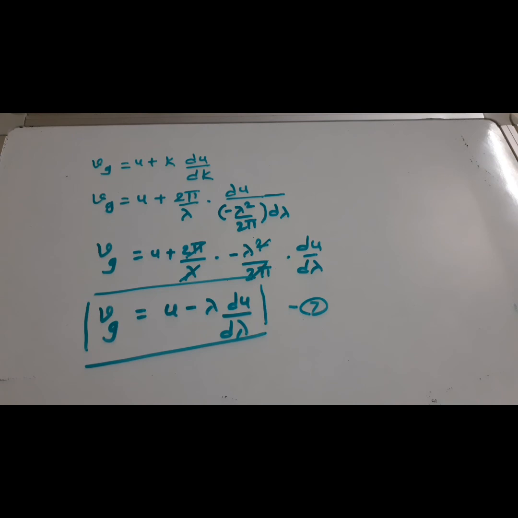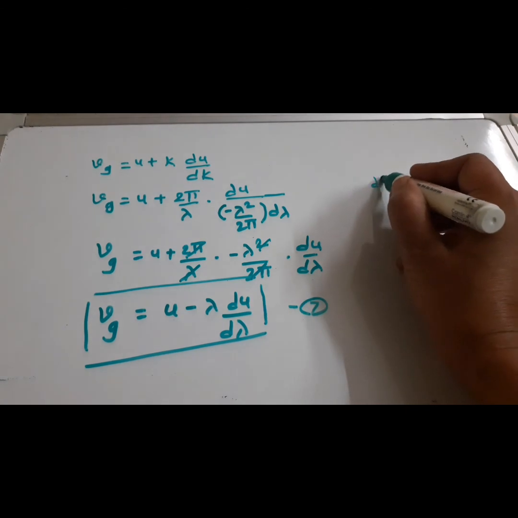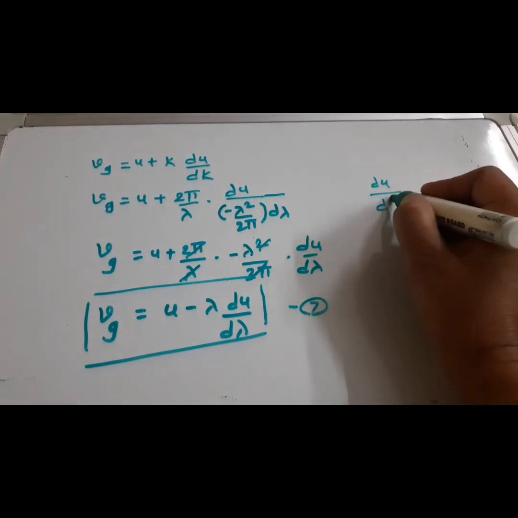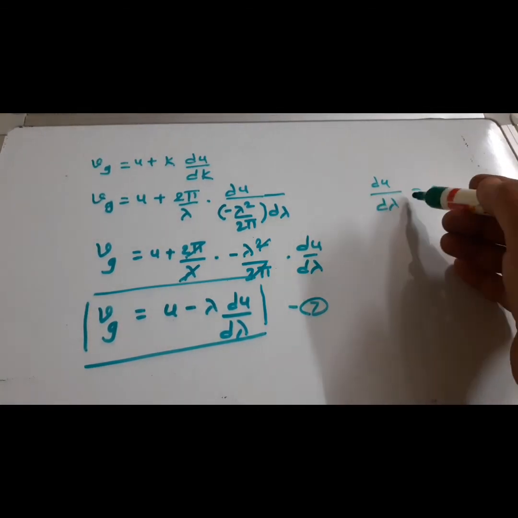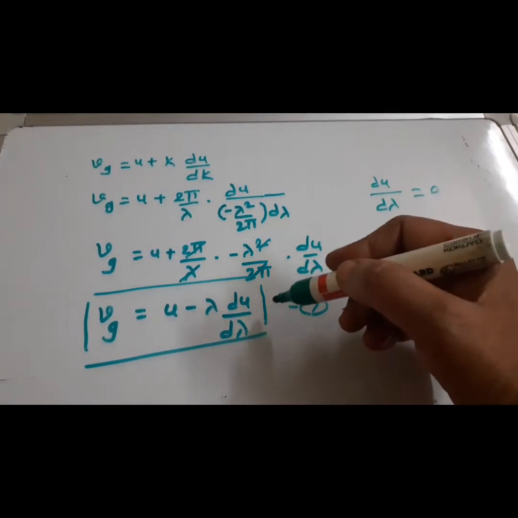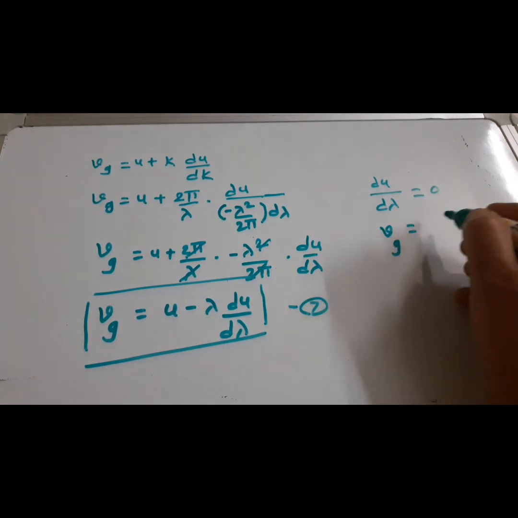Equation 7 shows that the group velocity Vg is less than the phase velocity in the dispersive medium. But for the non-dispersive medium, du upon d lambda is equal to 0. When du upon d lambda is equal to 0, equation 7 can be written as Vg is equal to u.